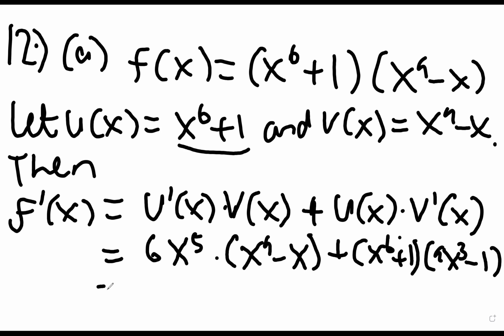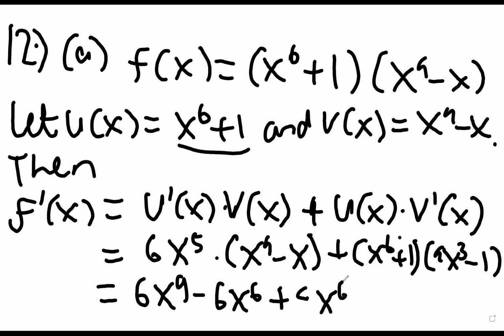In the end, after expanding this, we have 6x to the power 9 minus 6x to the power 6 plus 4x to the power 9 minus x to the power 6 plus 4x to the power 3 minus 1.